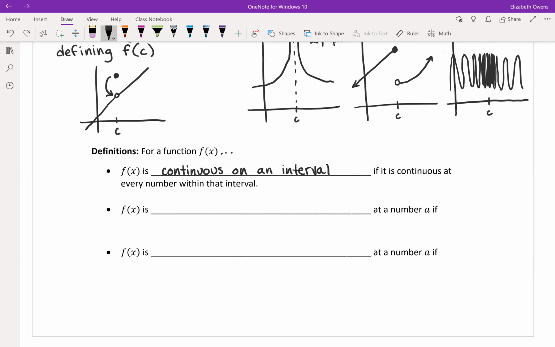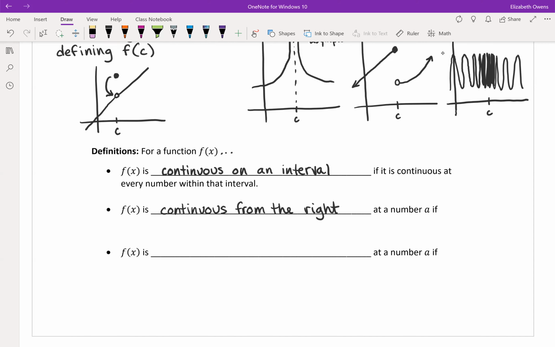Then we could say f of x is continuous from the right at a number a. So we're looking back at a single point here again.